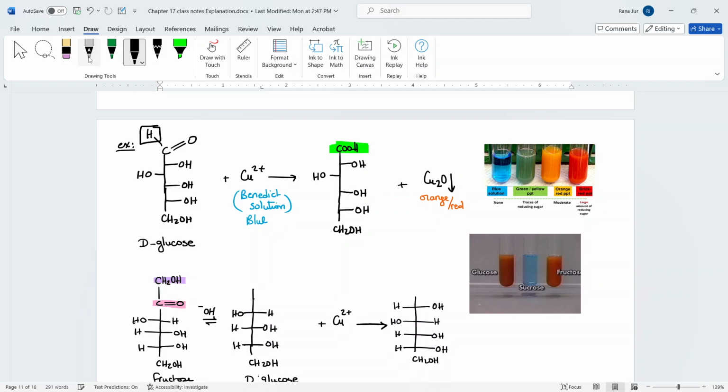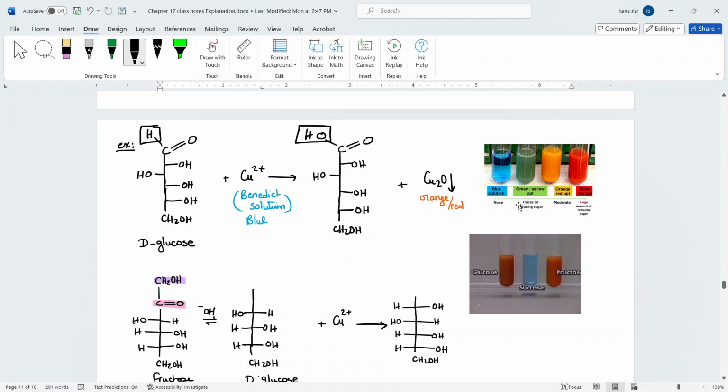That hydrogen will be oxidized into an OH, so you end up with your carbon double bond O and your OH. You change the aldehyde functional group into a carboxylic acid functional group, and you form an orange-red precipitate. This is called a positive test, showing that you are starting with a reducing sugar.